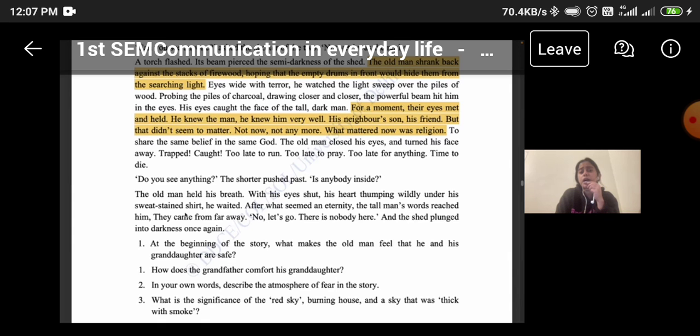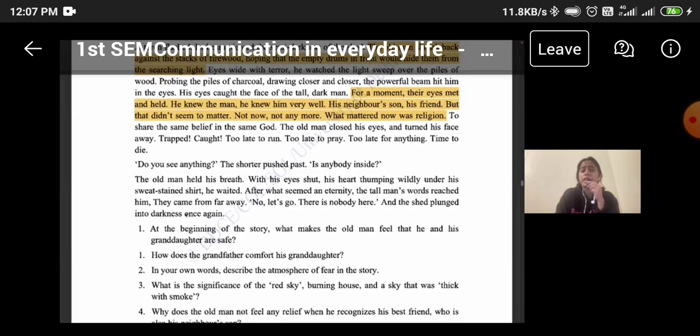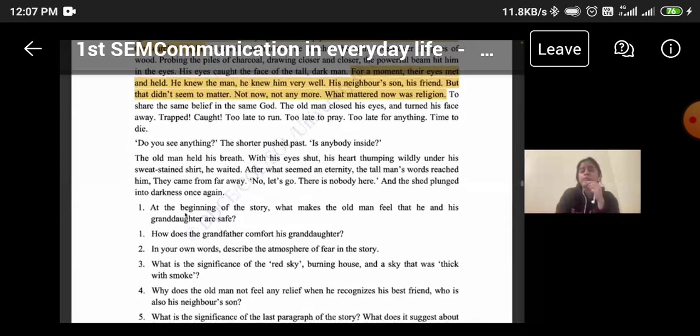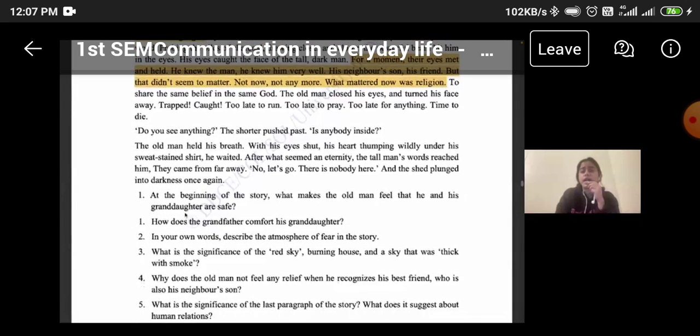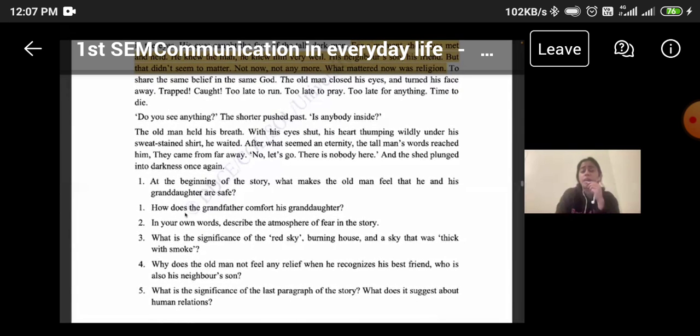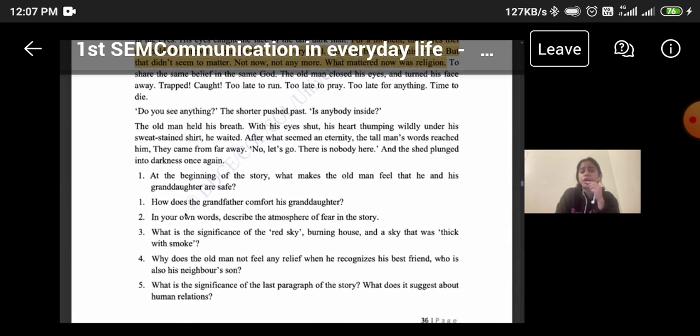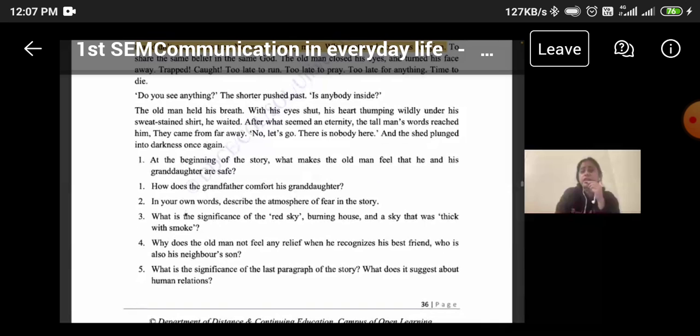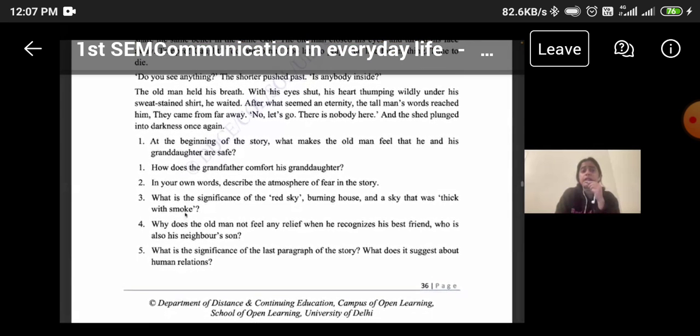But that didn't seem to matter. Not now, not anymore. What mattered now was religion, to share the same belief in the same God. The old man closed his eyes and turned his face away, trapped, caught. Too late to run, too late to pray, too late for anything, time to die. "Do you see anything?" The shorter pushed past.